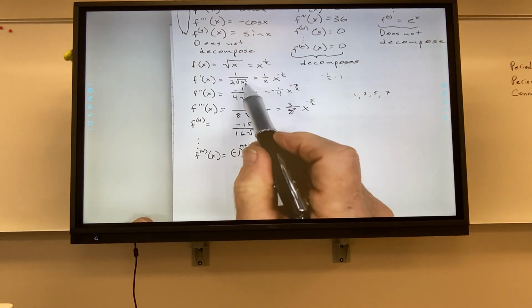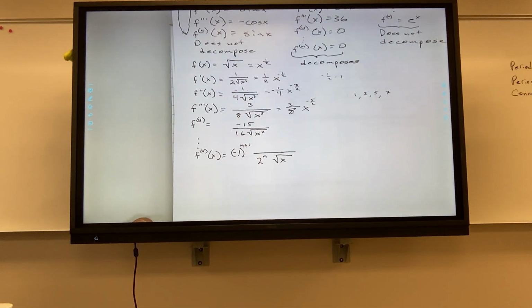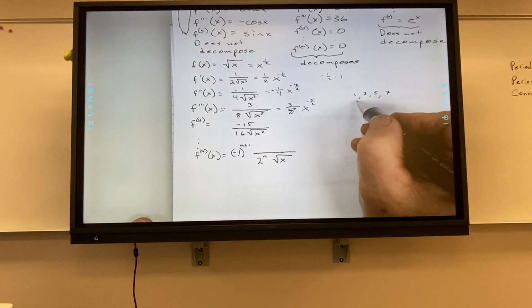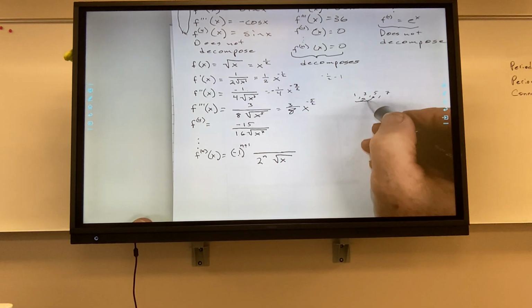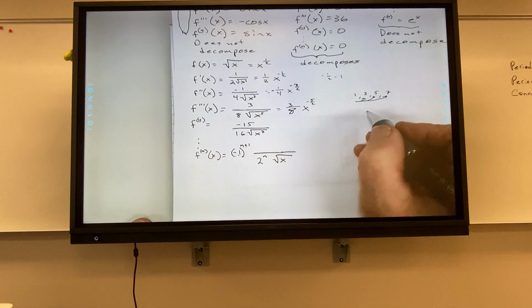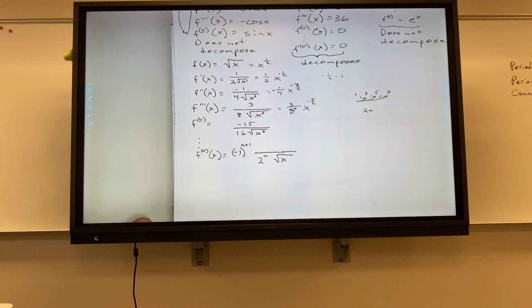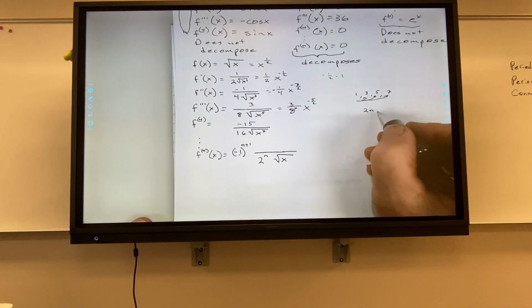Those are the powers, right? 1, 3, 5, 7. It's going up by 2s, correct? So this growth is linear, correct? So it's 2n what? Minus 1? Minus 1.